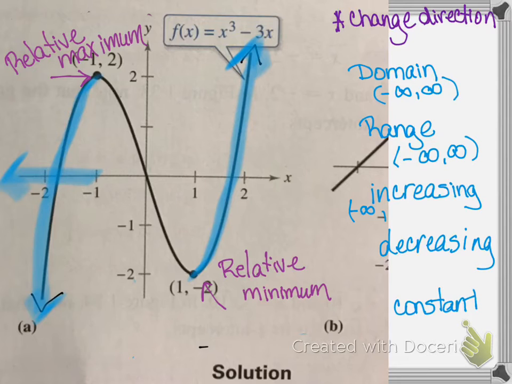It's negative 1. So I've got negative infinity to negative 1. And I also have 1 to positive infinity. Okay, because I've got 2 different places that this graph is increasing.